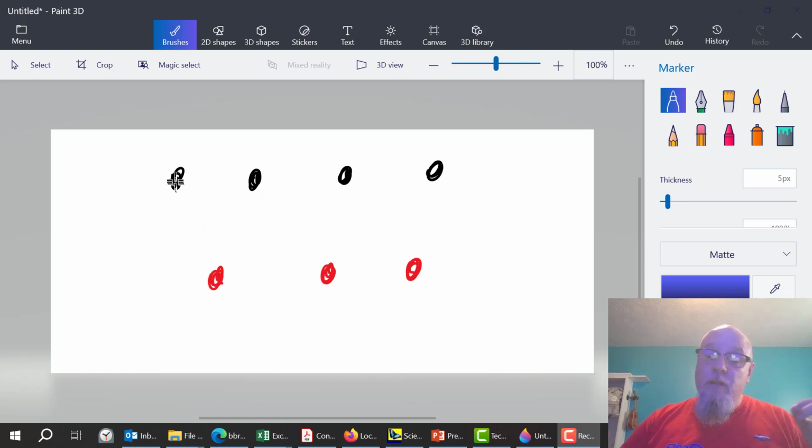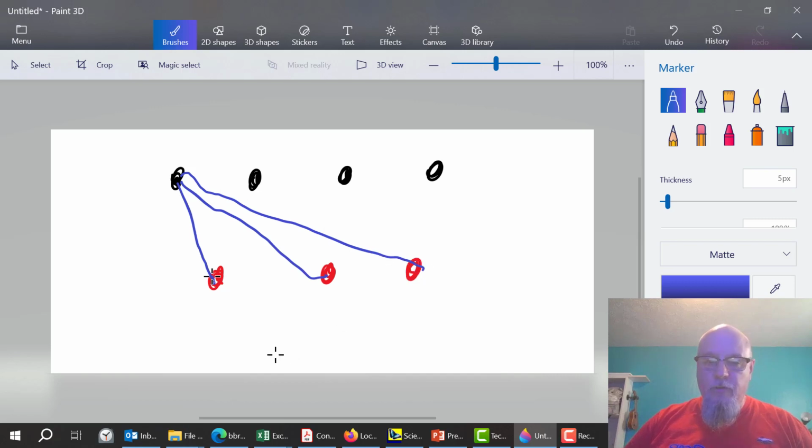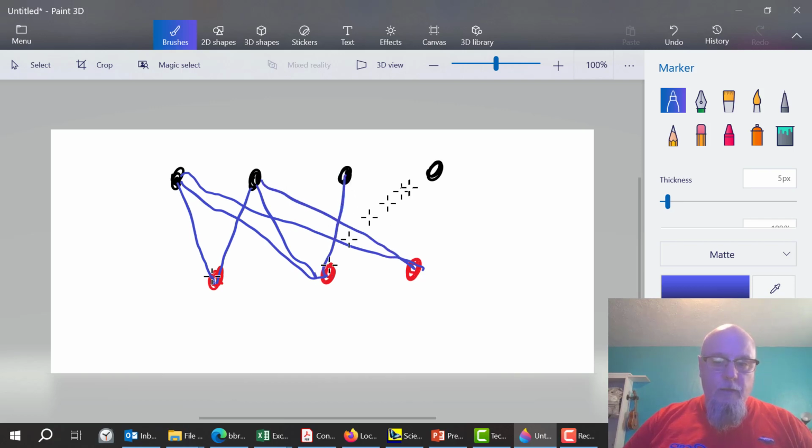Every top node is connected to every bottom node. So there's 3 bottom nodes, so out of every top node there's going to be 3 lines. 3 lines. And 3 lines. 1, 2, 3.